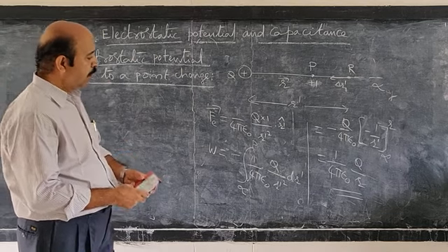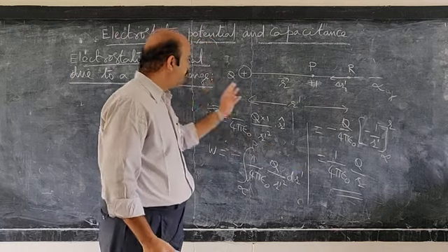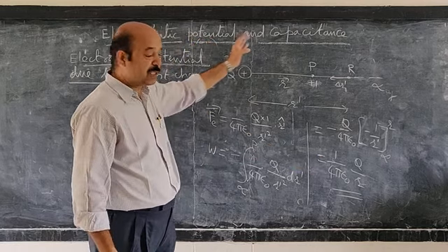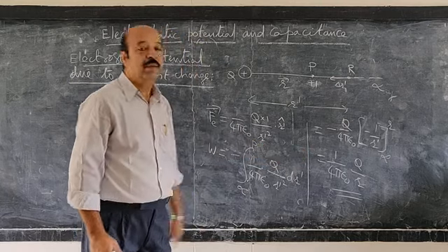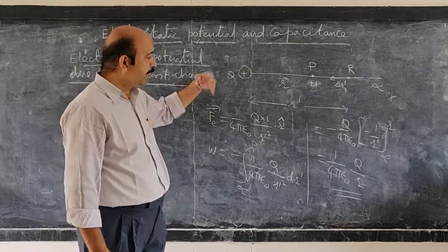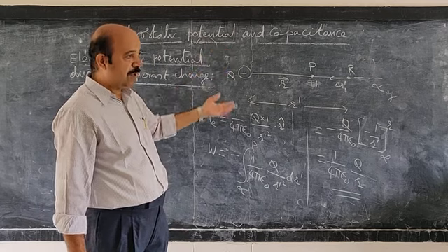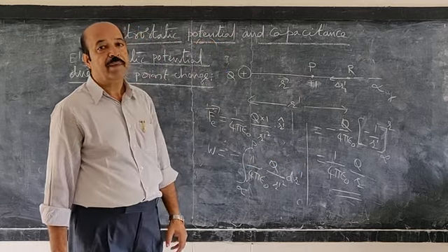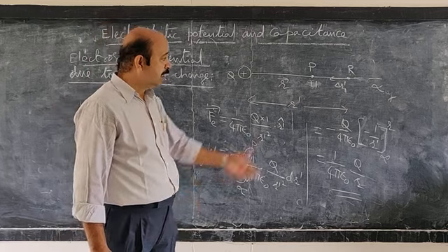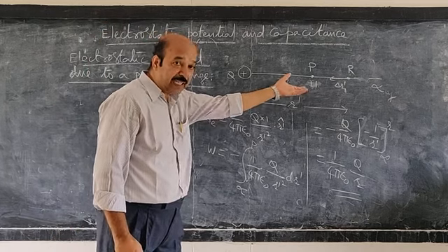You have seen that due to a positive charge, the field is considered positive, work done is positive, and the potential will be positive. If you have a negative charge, the field is negative, and in such a case the potential will be negative, because the force will be attractive.